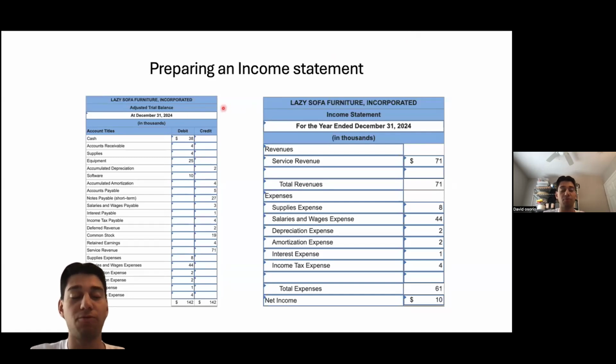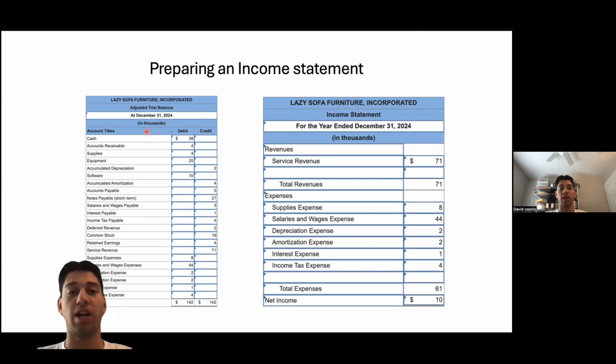Okay, and then after we do our adjusted trial balance, we can begin to prepare an income statement. Our income statement is revenues minus expenses, and it gives us net income.